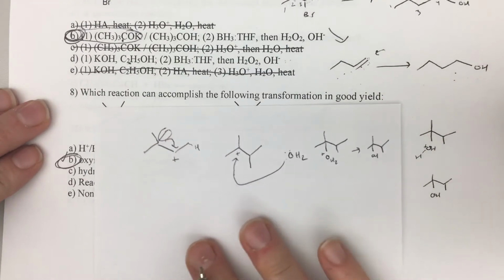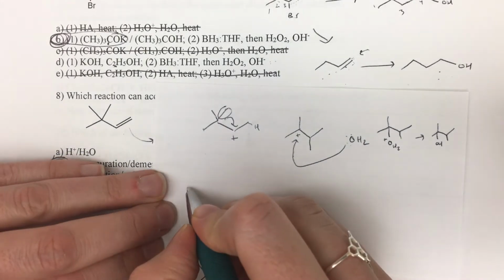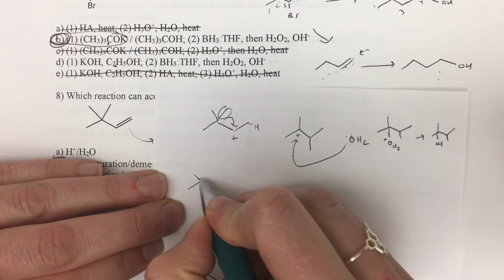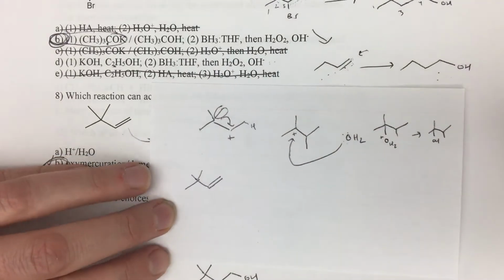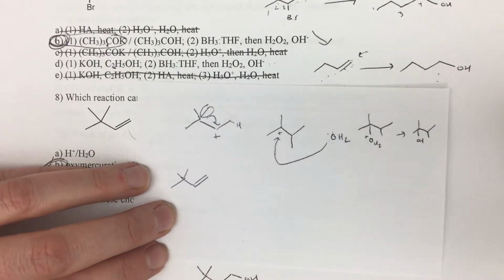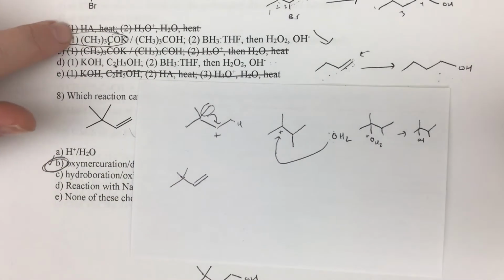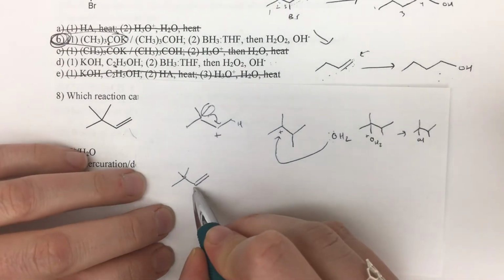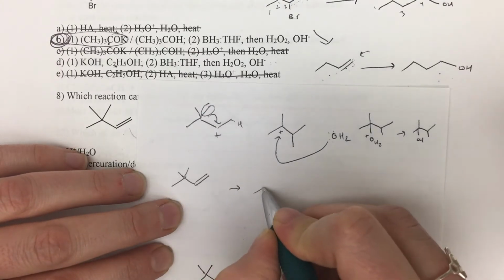Then your next option for adding alcohol across a double bond is going to be oxymercuration-demercuration. And what I like to say oxymercuration-demercuration does is it still follows that Markovnikov rule that we talked about when we were at practice problem 7, where you're going to add your alcohol to the more substituted side, but it doesn't worry about rearrangement.